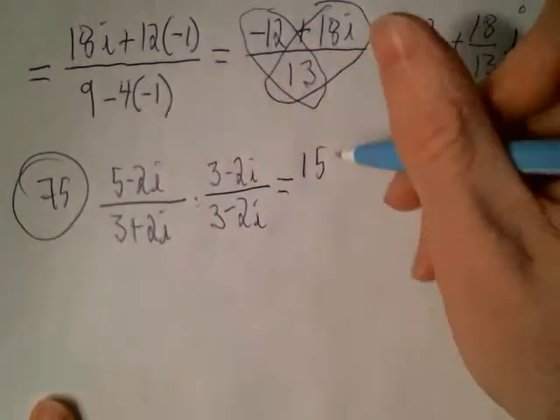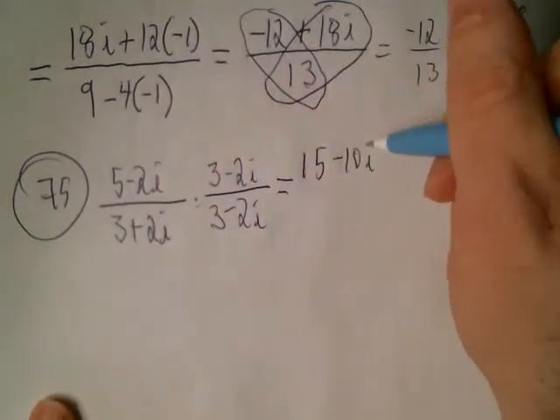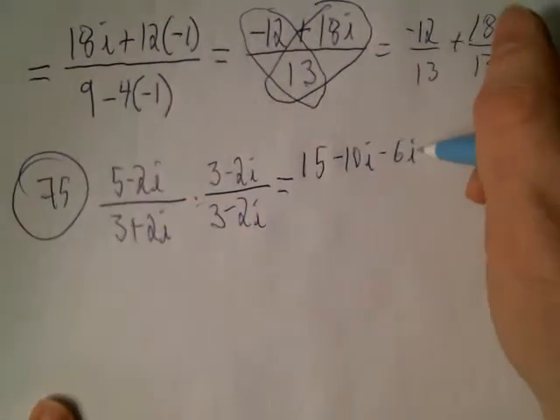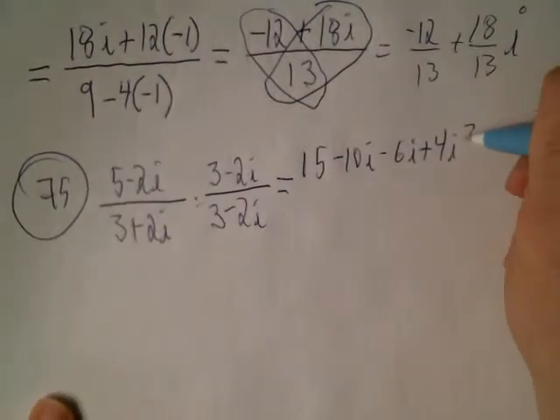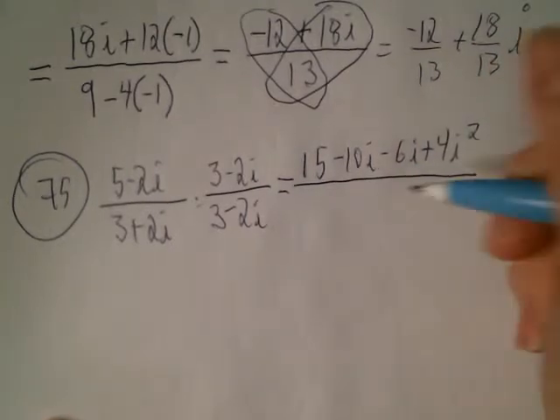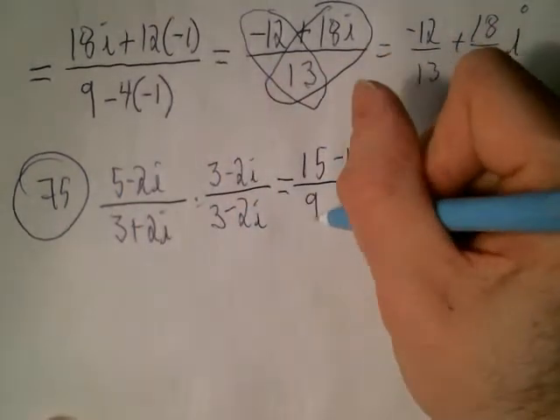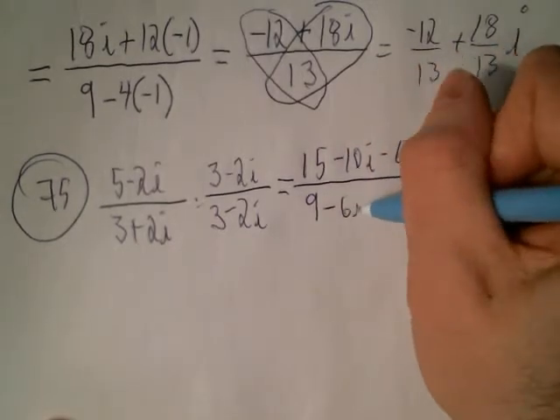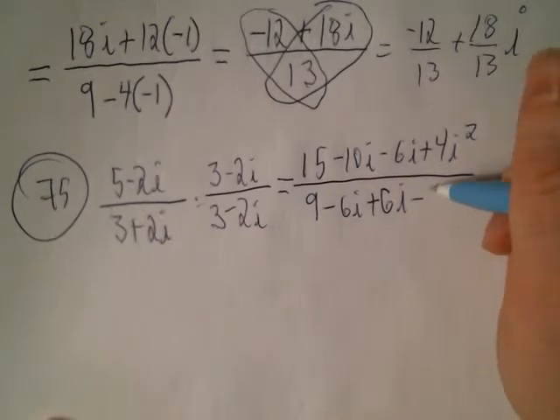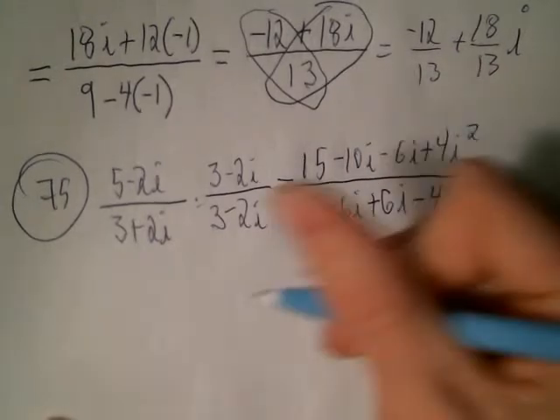First, outer, minus 10i. Inner, minus 6i. And then finally, last, plus 4i squared. All over, 3 times 3 is 9. Then minus 6i, and then plus 6i. And then minus 4i squared.